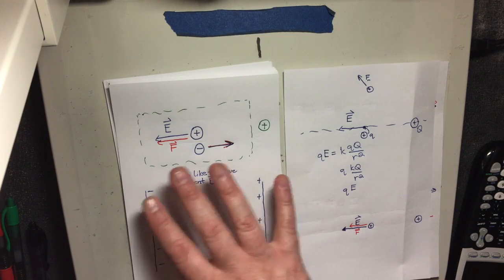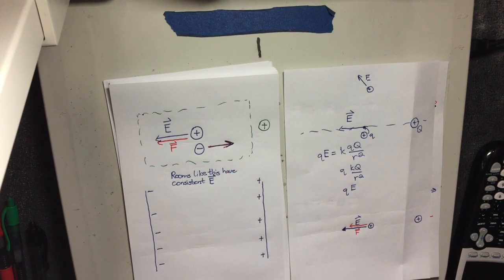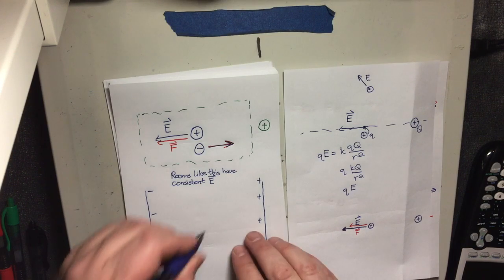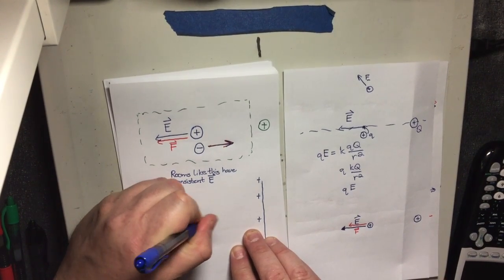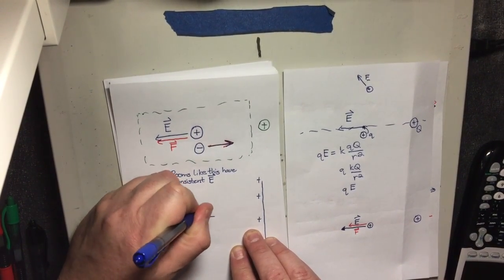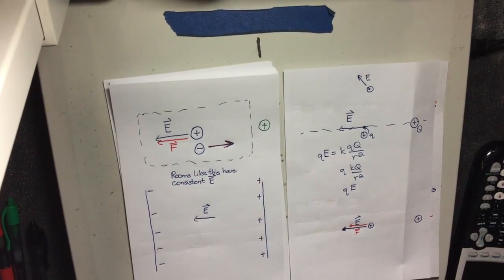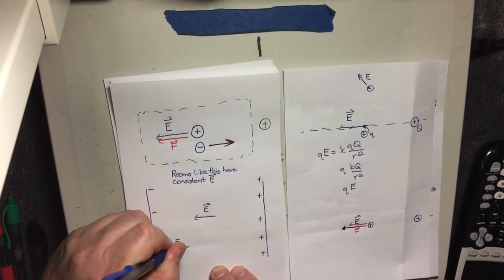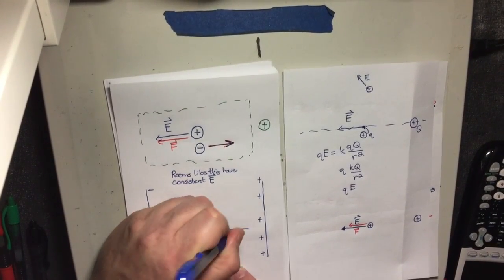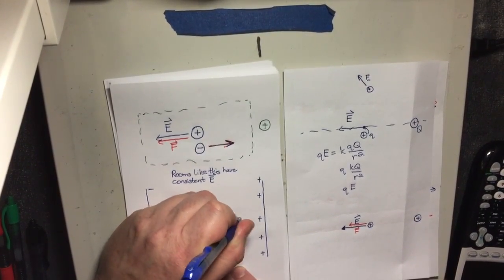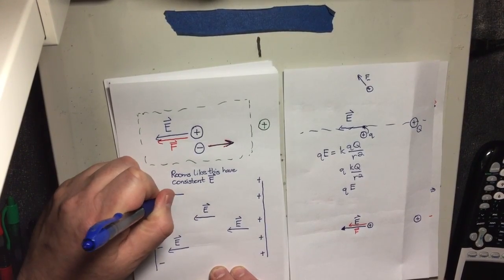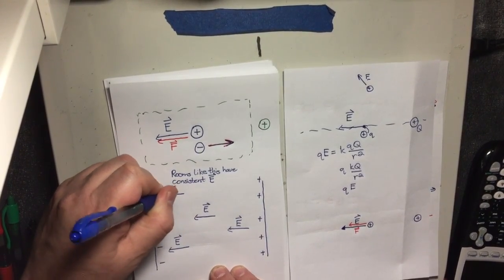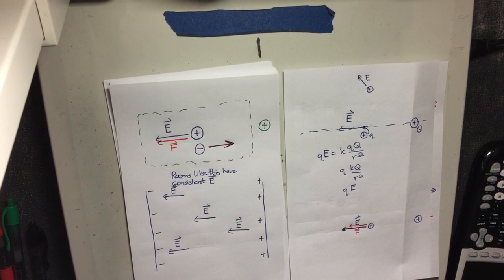Now, this is a grotesque version of a capacitor. They're way smaller and different shapes and stuff like that. But when you have a room like this, the electric field vector, regardless of where you are in the room, is the same length and the same direction.